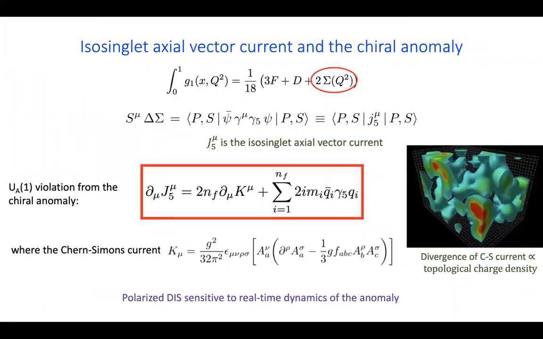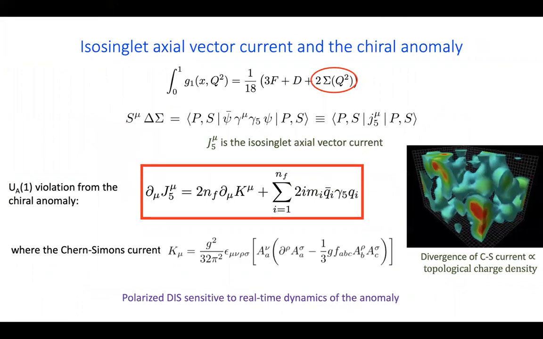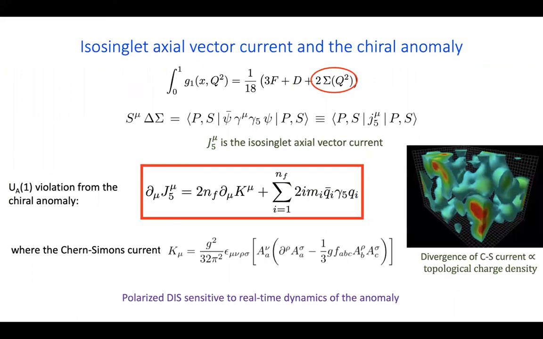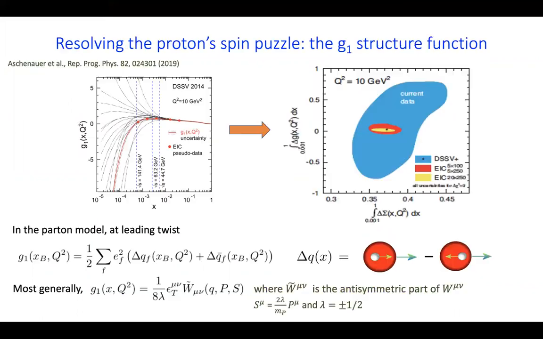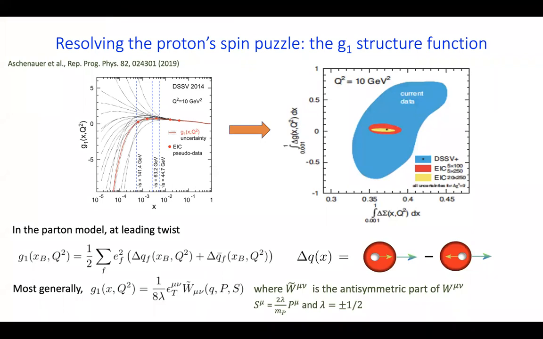Okay, so why is this interesting? As I said, the first moment of this measurement can be related to a non-singlet contribution, and this is weak decay physics. So this 3F plus D is related to, yeah. What was that? Previous page you had an epsilon mu nu. Yeah, so this is just a transverse Levi-Civita. So it's just a transverse projection to extract this. Epsilon has 4 indices, right?